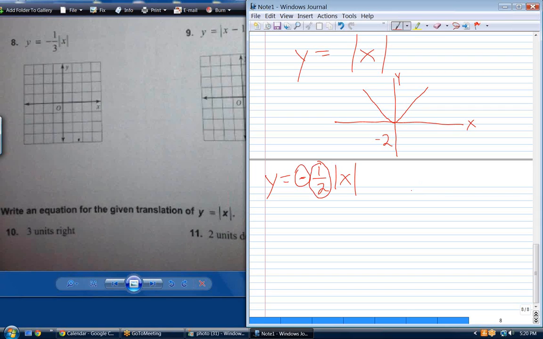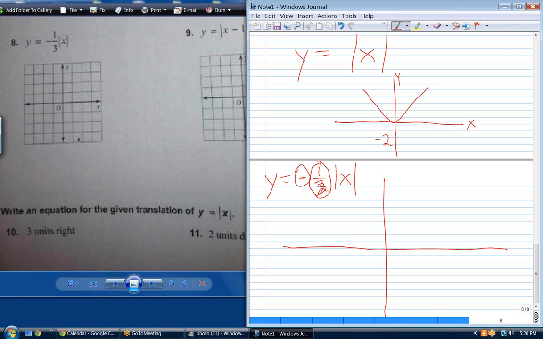It's 1/3, not 1/2. Oh, excuse me. Thank you. Okay, so what's the consequences of both of those things together? Or one at a time. What's the negative sign do? It makes it go left. The negative sign in front is always a reflection about the x-axis.